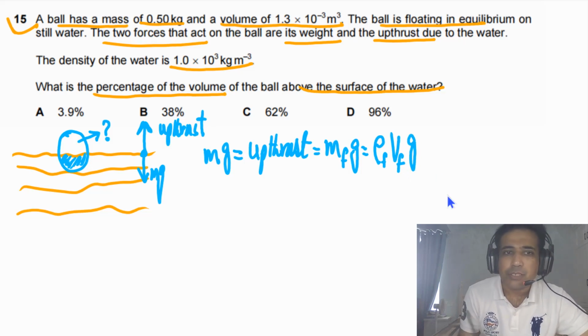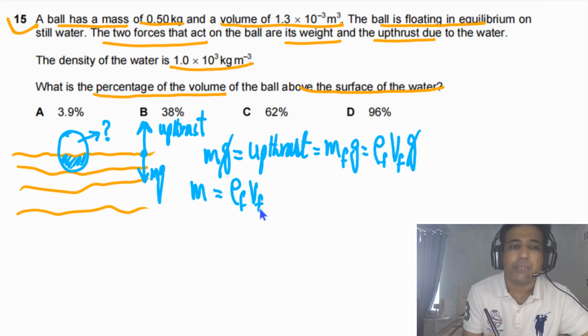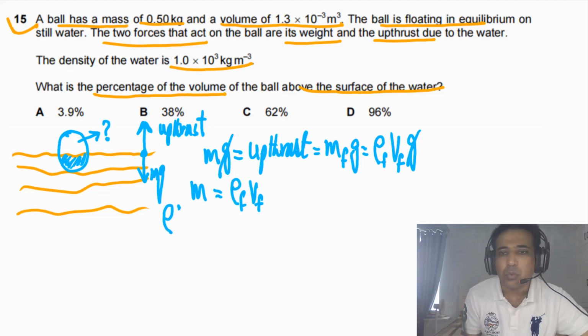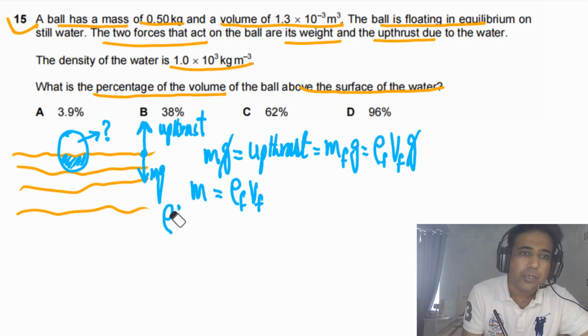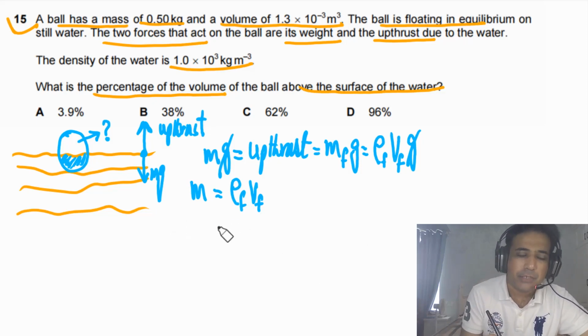From here we can cancel this g with this g, and we can write that the mass of the ball has to be equal to density of the fluid times volume of the fluid displaced. The mass of the ball could be written as density of the ball times volume of the ball, but in this case we do not need that, because the mass of the ball is directly given to us.